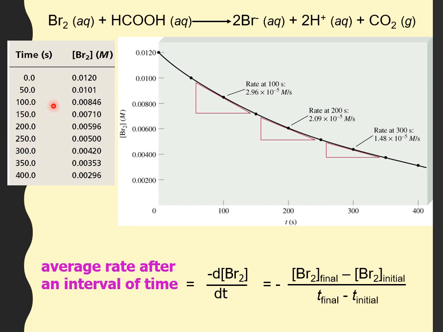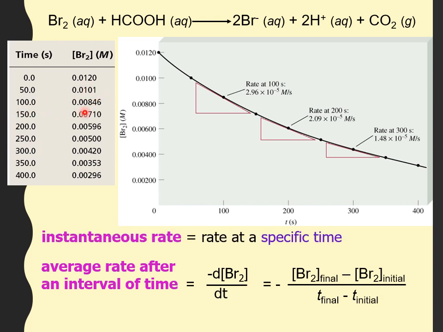So we cannot look at the concentration of Br2 here, but instead we have to draw a tangent line here, and then we are going to get the rate. The rate here is 2.96 times 10 to the power of negative 5 molar per second.